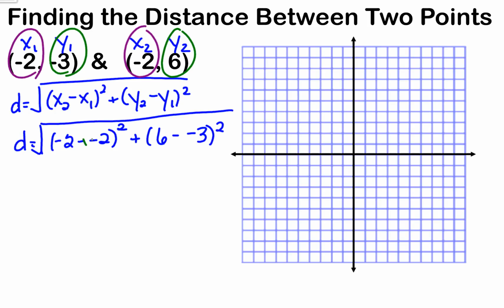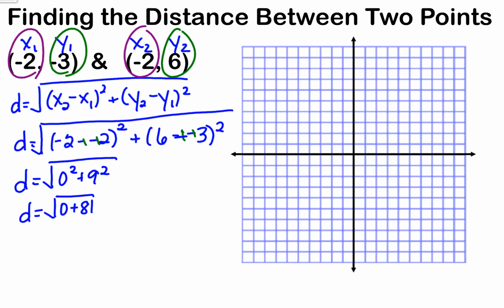I remember that subtracting a negative is like adding a positive. So I'll get 0 squared plus 9 squared. Distance is equal to 0 plus 81, the square root of that. So the square root of 81, or 9.